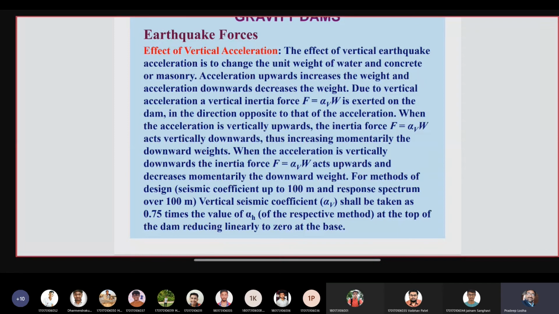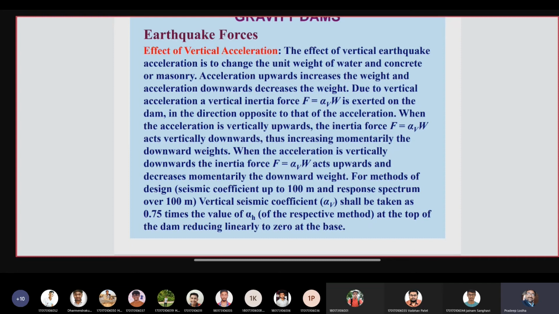And the vertical, the z component: I have explained that for C alpha h, the variation of C in that case needs to be taken as 0.75 to calculate the vertical component. Vertical component calculation is not that difficult.